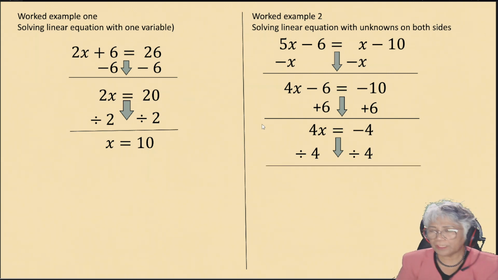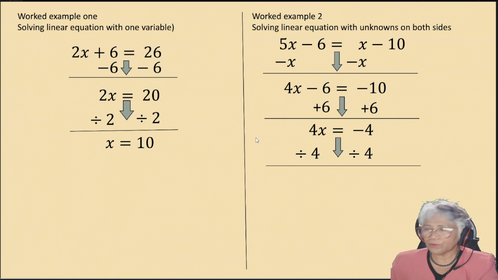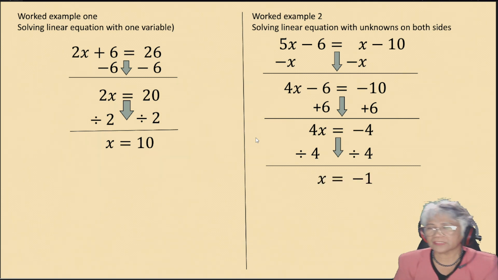The result: 4 divided by 4 is 1, so that is x, and then negative 4 divided by 4 is negative 1. Therefore, the result is x equals negative 1. So you can see here how the inverse operation is applied.